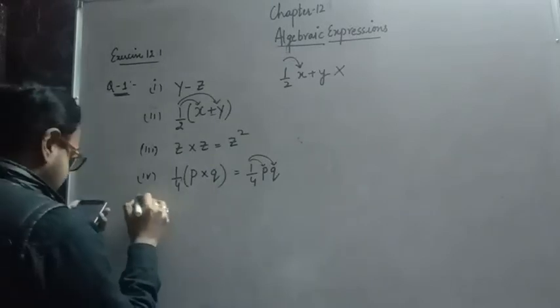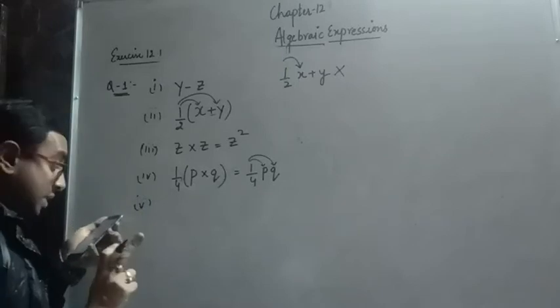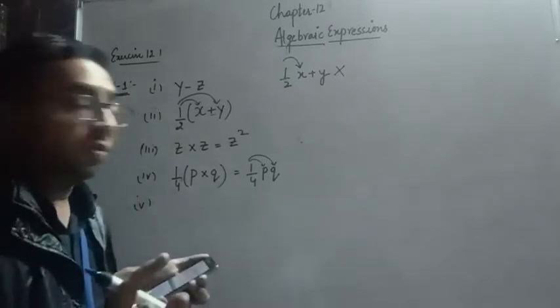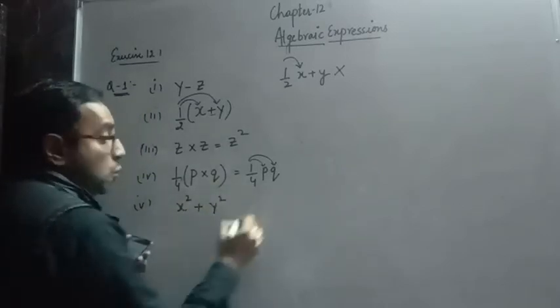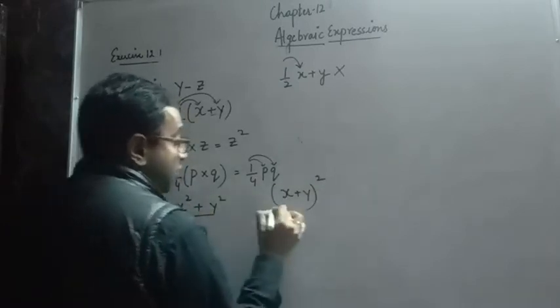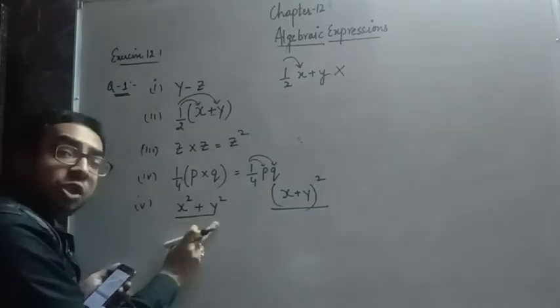Okay. Then the next one. Numbers x and y both squared and added. Very important. What is coming first? Squaring is coming first. So squared first and then added. You can't write x plus y whole square. These are two different terms. As per the question, they need to be squared first and then added.